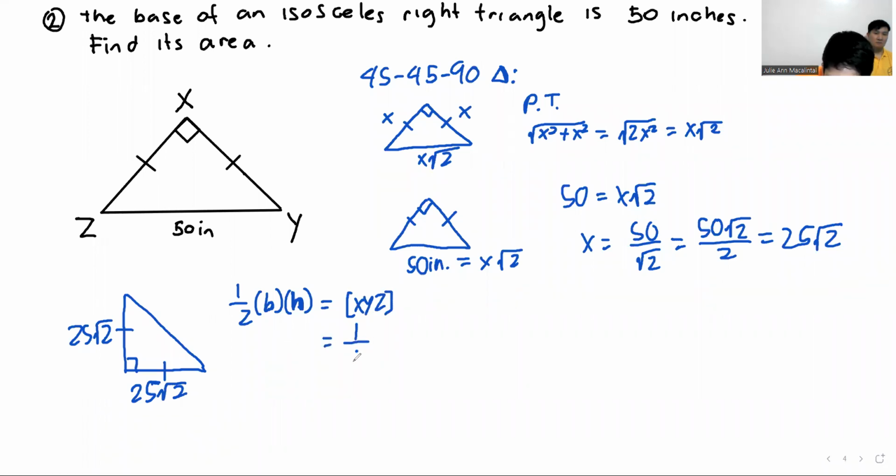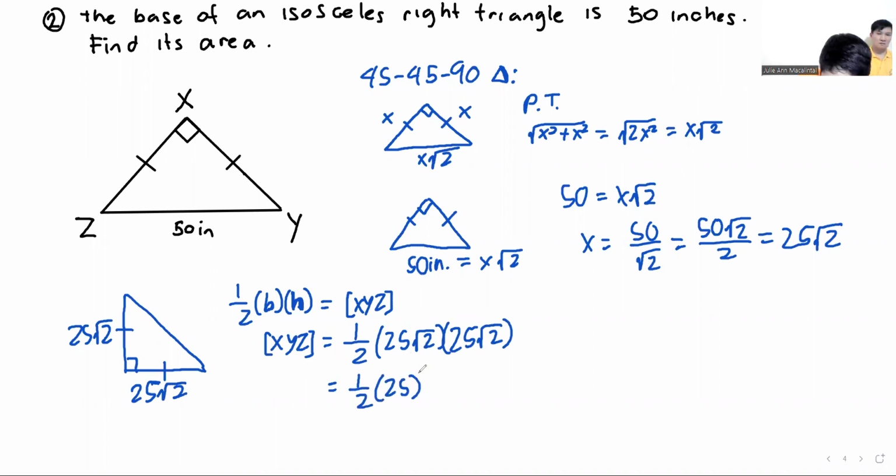So this is one half times 25 square root of 2 times 25 square root of 2. This is equal to the area of XYZ. So 25 squared times square root of 2 squared.